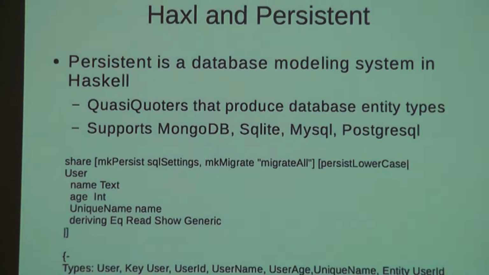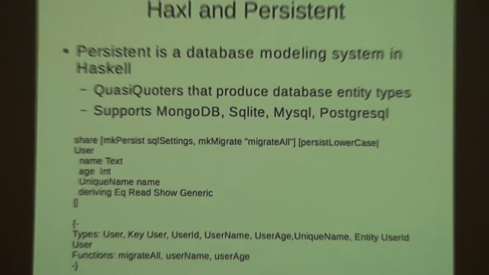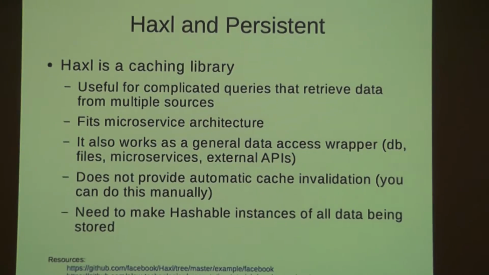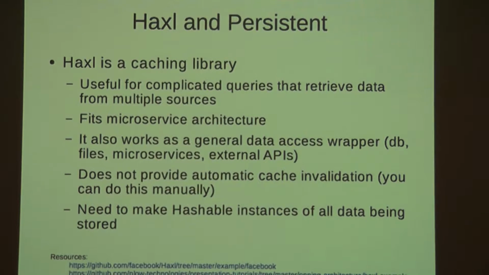Okay, so actually I already went over Persistent, but I'll go over Haxl. So Haxl is a caching library. What it does is it helps you cache queries. There are some instances when you want to make some pretty complicated queries, and they could come from multiple sources.